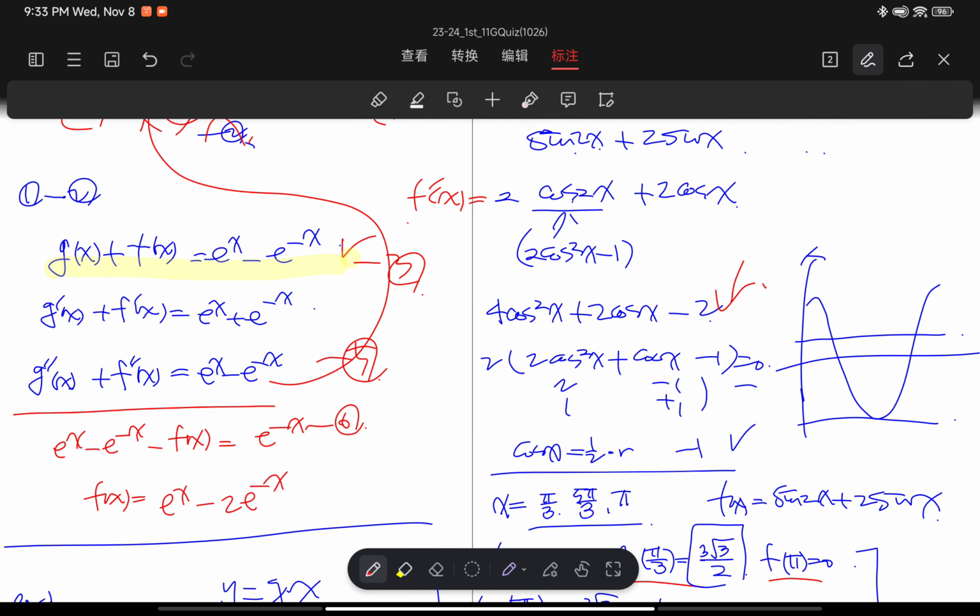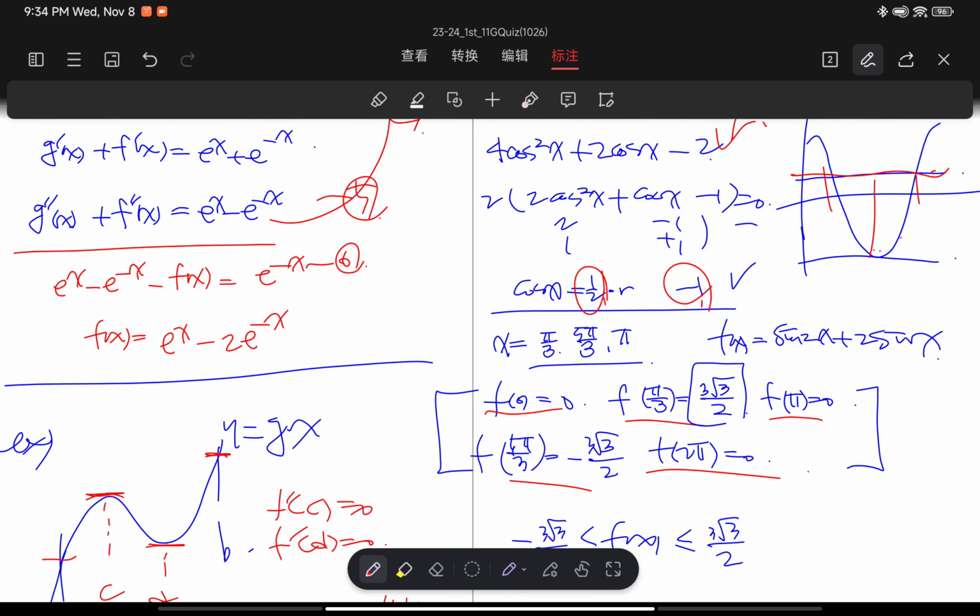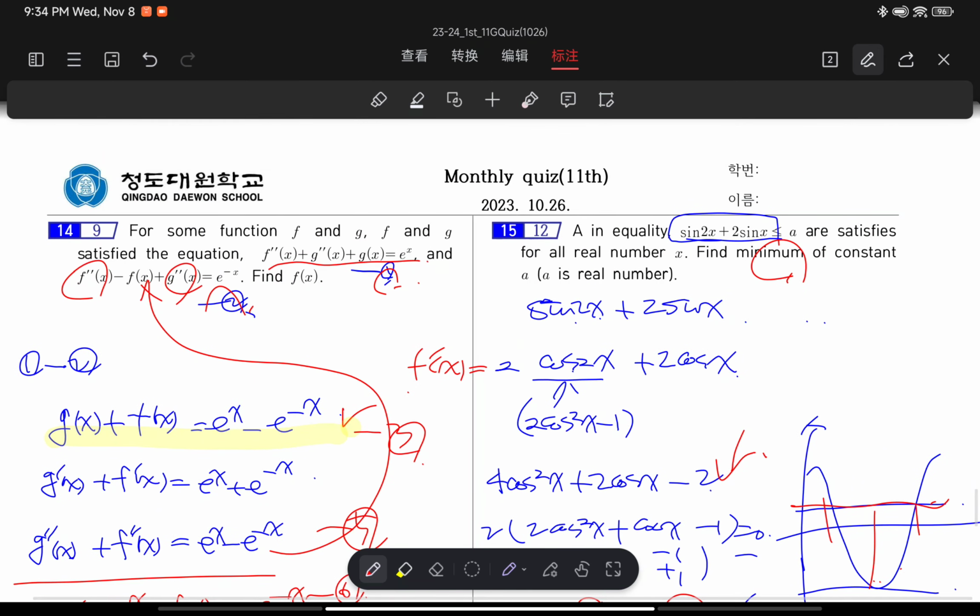So there are 3 roots, x equal to pi over 3, 5 pi over 3, and pi. And the boundaries are 0 and 2 pi. So find these 5 points, and put this x into here, not here. Here's f prime x and here's f x.